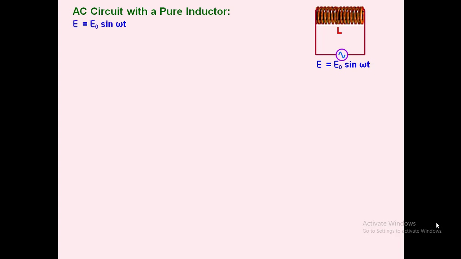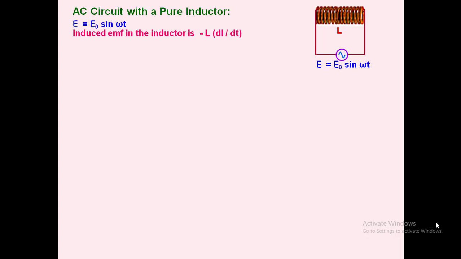Inductor means a solenoid. Here you can see I have taken an inductor of inductance L, which is connected with respect to an AC source whose EMF is equal to E0 sine omega t. Now, whenever you pass the current, as the current passing through the inductor is an alternating current, alternating means the current is going to vary with respect to the solenoid coil.